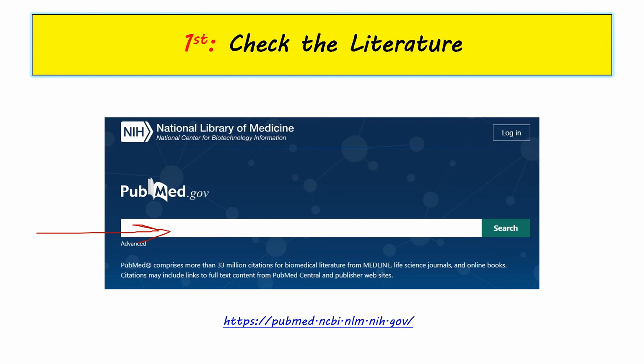Open PubMed and just type the title of the disease you are managing and see if there are many cases in the literature. So there is no need to write this case report and waste your time. Always check the literature before writing to avoid wasting time.